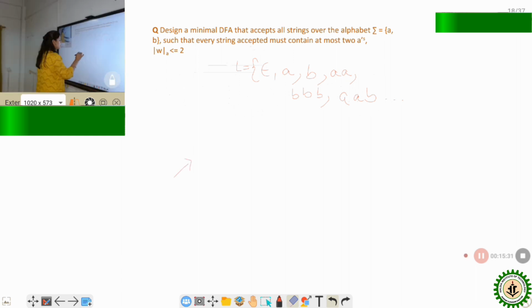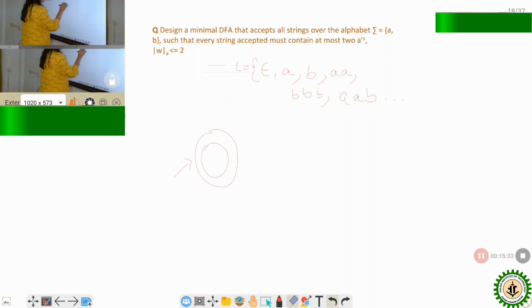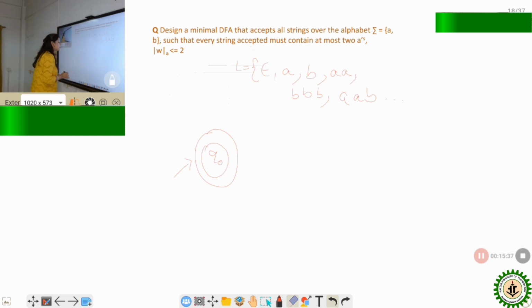So our initial state will be a final state, because here the initial state is our final state.